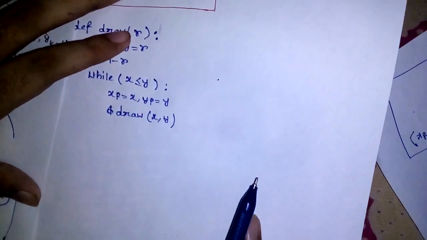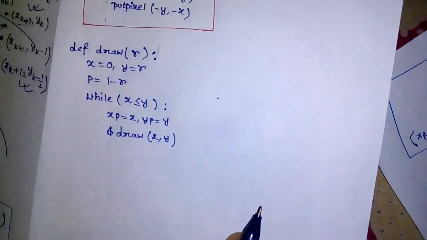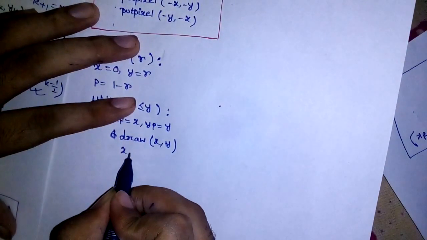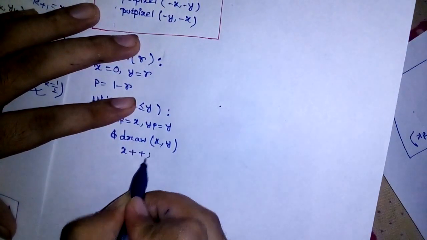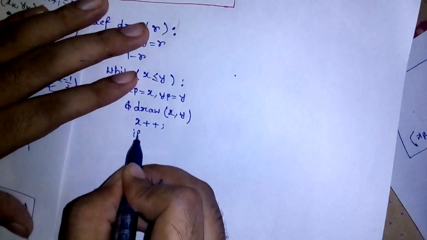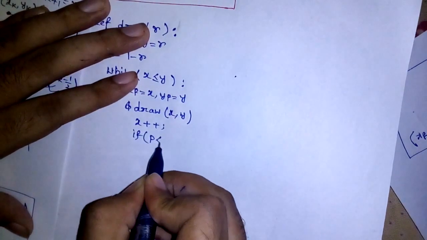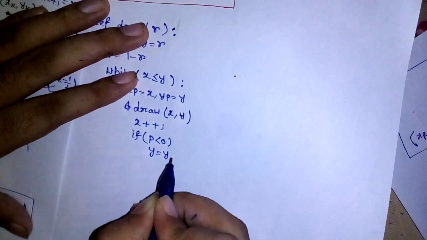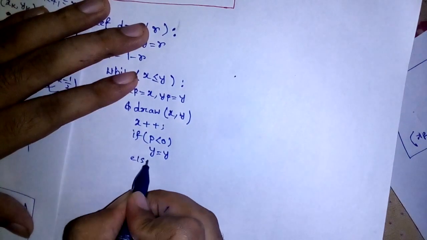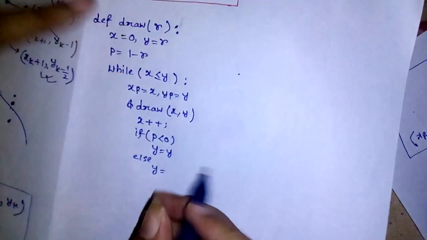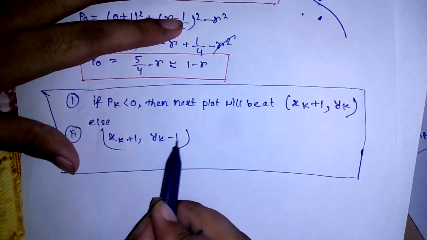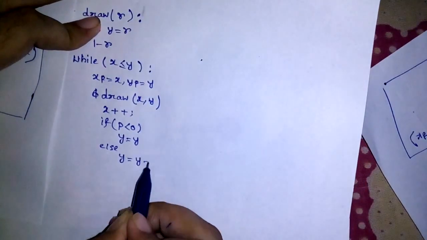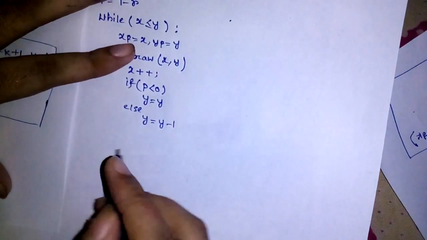Now I need to calculate the next value of x and y based on the decision parameter. Actually x will be incremented in unit intervals, so I can write x plus plus. But if p is less than 0 then y will be simply the previous one, otherwise y will be the previous y minus 1. The previous y is actually y, so it will be y minus 1.